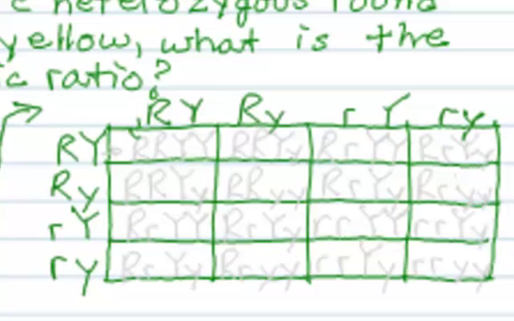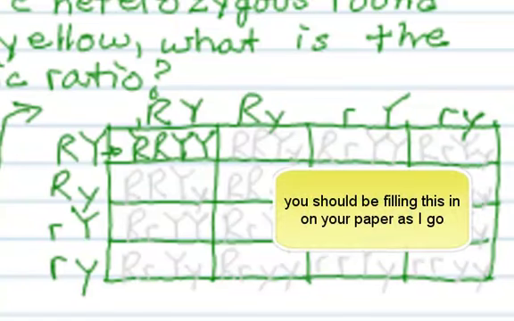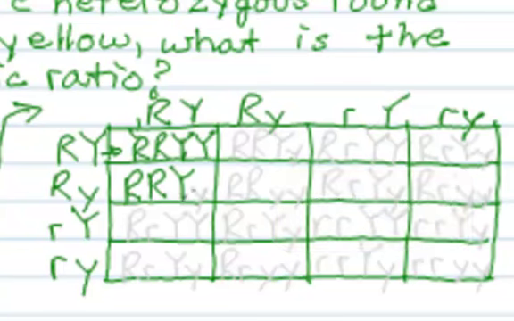So when we pair up this box with this box, we get big R, big R, big Y, big Y. Now to do the next one down, we have big R, big Y, little y. And remember, the rule of thumb is that the capital letter always goes first. Next one down, big R, big Y. And the next one down, big R, big Y, little y.